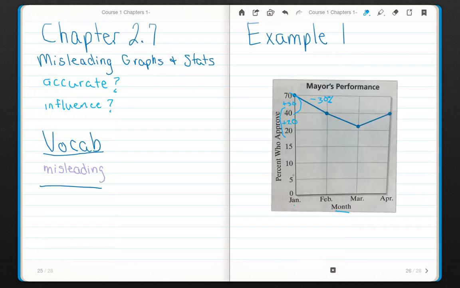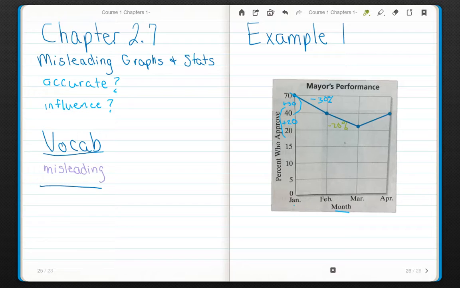But because most of my graph is counting by fives, it looks like I only have a decrease of 5%. Between February and March, I have a decrease of 20% because I'm going from 40% down to 20%. And yet it looks the same as going from 70 to 40, which was a 30% decrease.